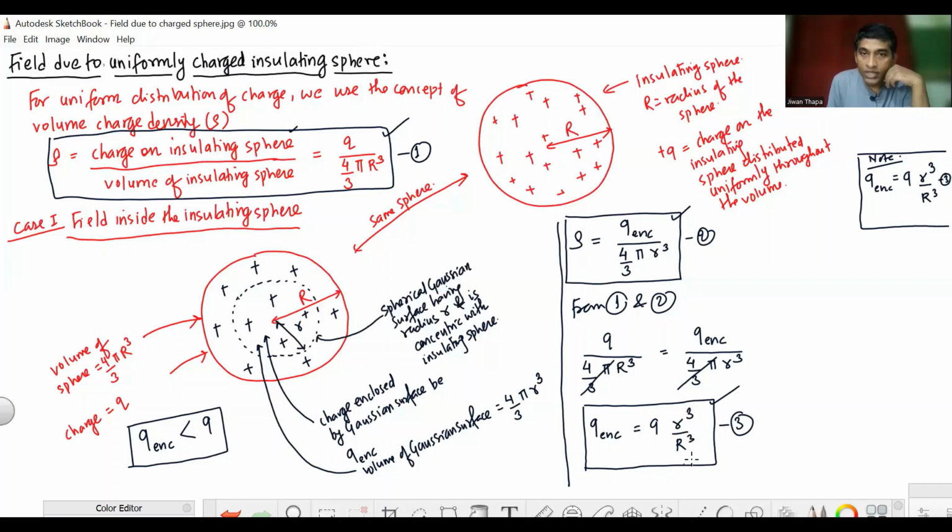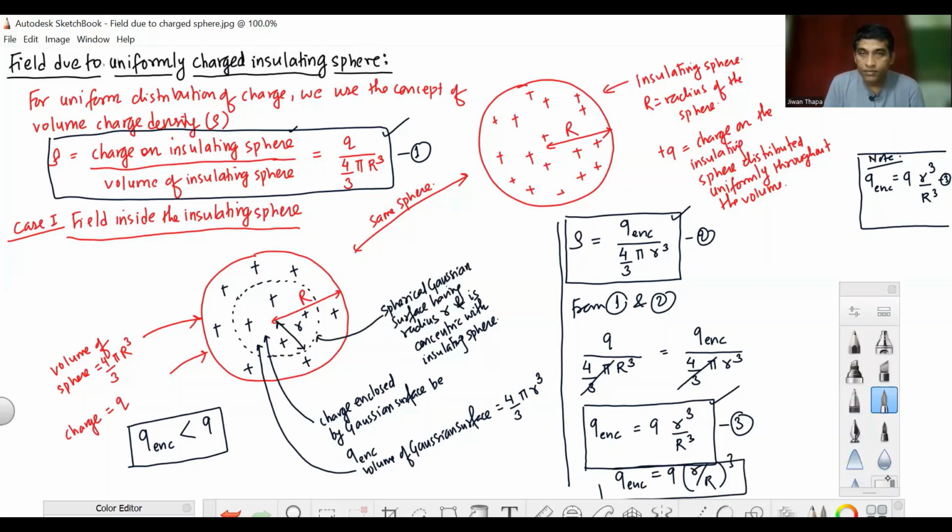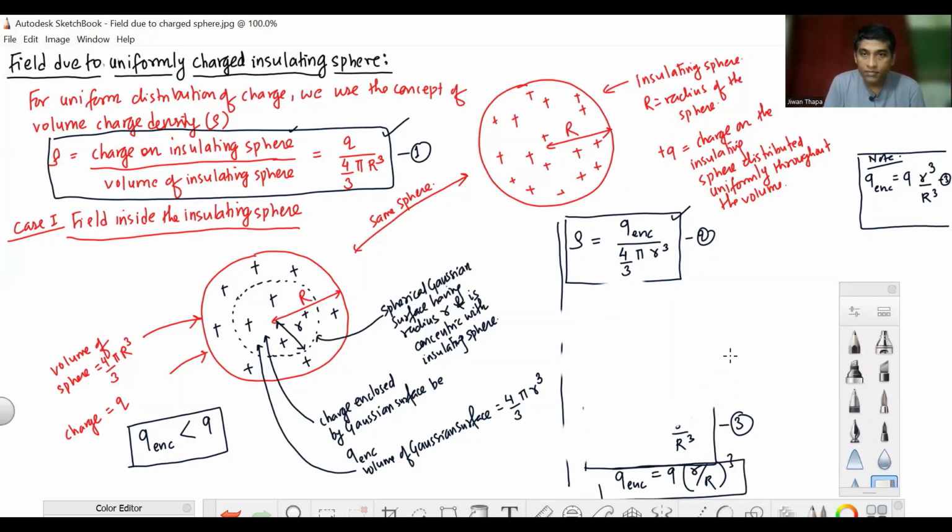We can write it as the radius of the Gaussian surface divided by the radius of the sphere, whole power 3. So we have this. Now I'm erasing this.